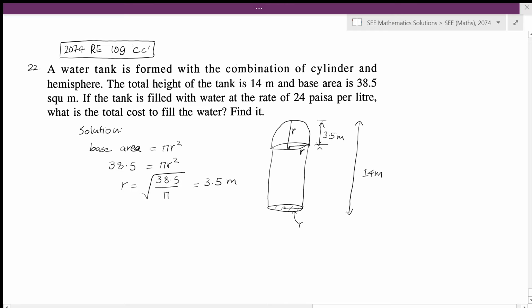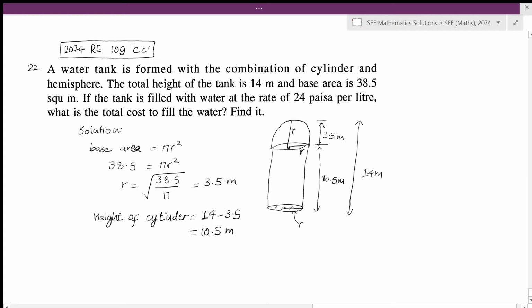That means from here to here it is 10.5 meter, so the height of the cylinder is 10.5 meter. Height of cylinder is equal to 14 minus 3.5 equals 10.5 meters. You don't have to show all these calculations of height on the figure, you can simply write like this.